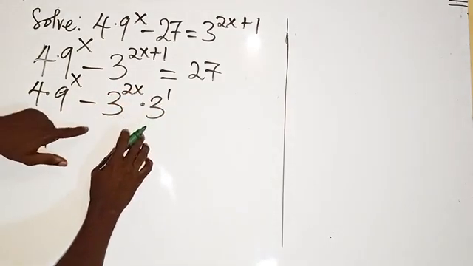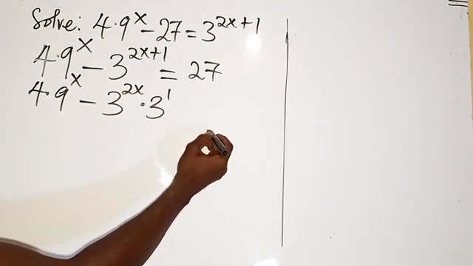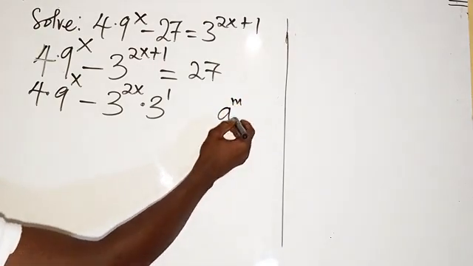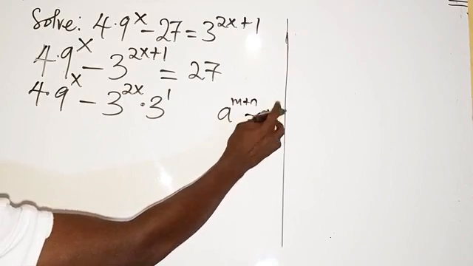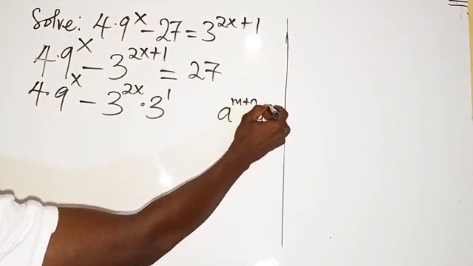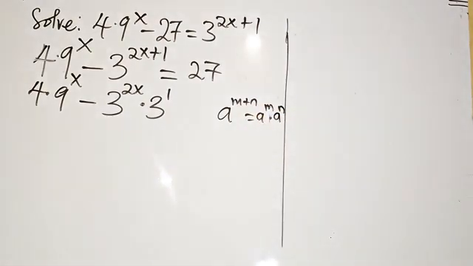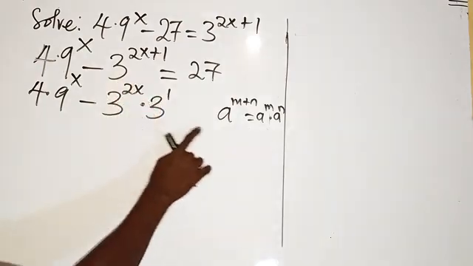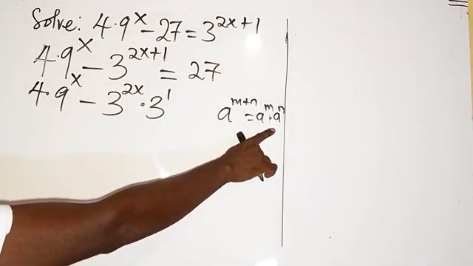This is from the law of indices that says when you have a to the power m plus n, this will be a to the power m times a to the power n. So we can see that we have this in this form, then we try to split it in the other form here.